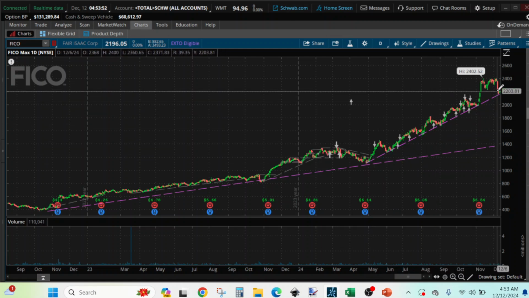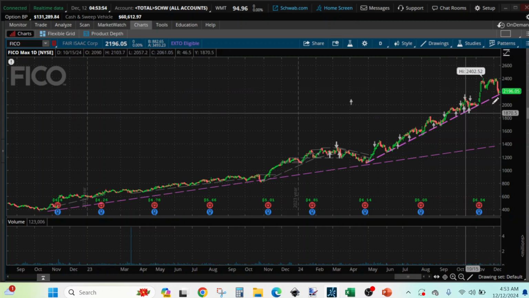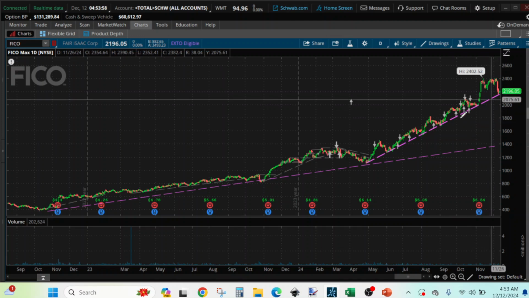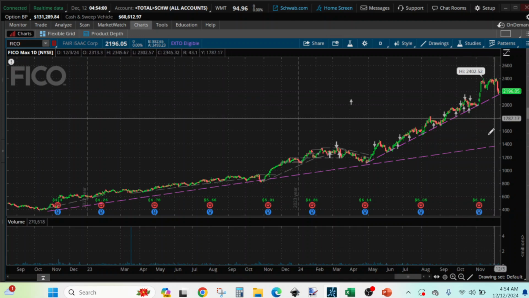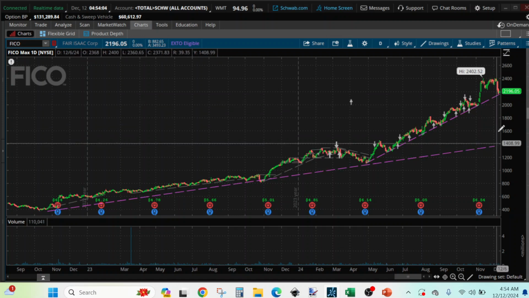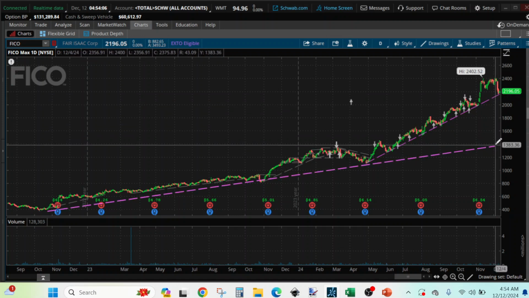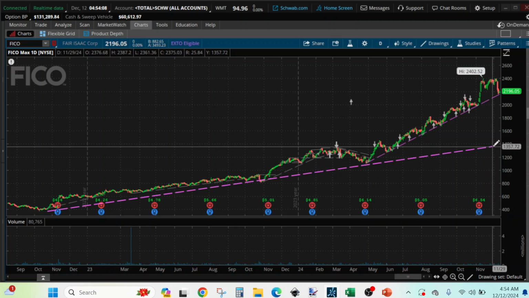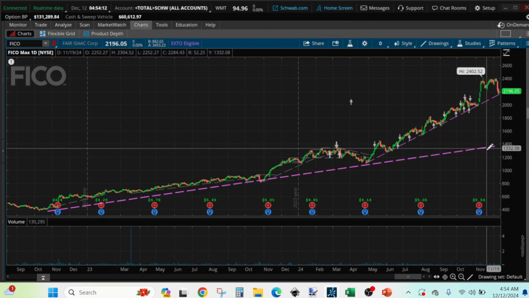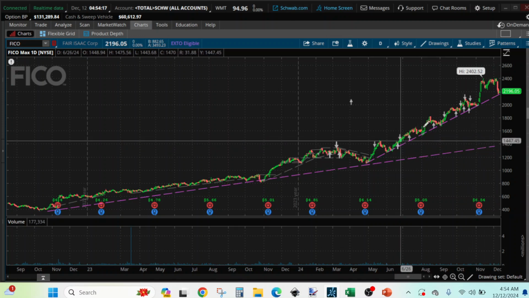For that reason, not knowing when this trend line will end, I just prefer not to enter the trade and just wait to see if it's going to come back to this line.